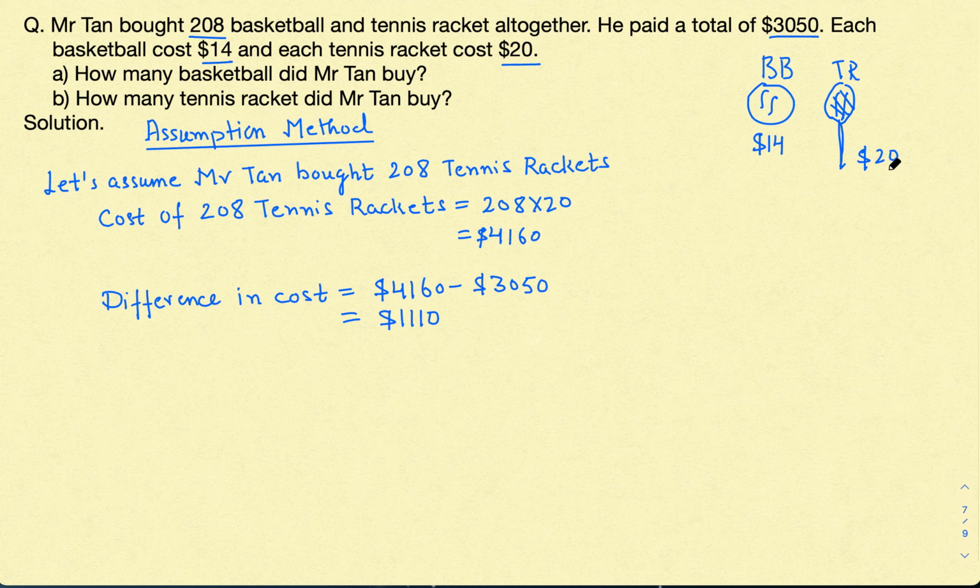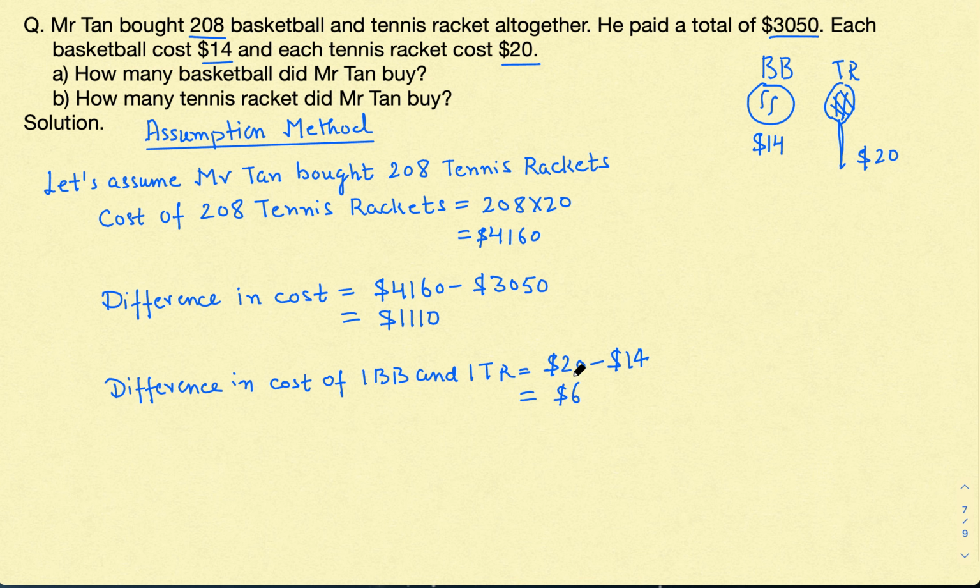I will come to this later, that why we are finding this, but let's first find out what is the difference in the cost of one basketball and one tennis racket. So one tennis racket is $20 and one basketball is $14. So obviously the difference is $6, right?